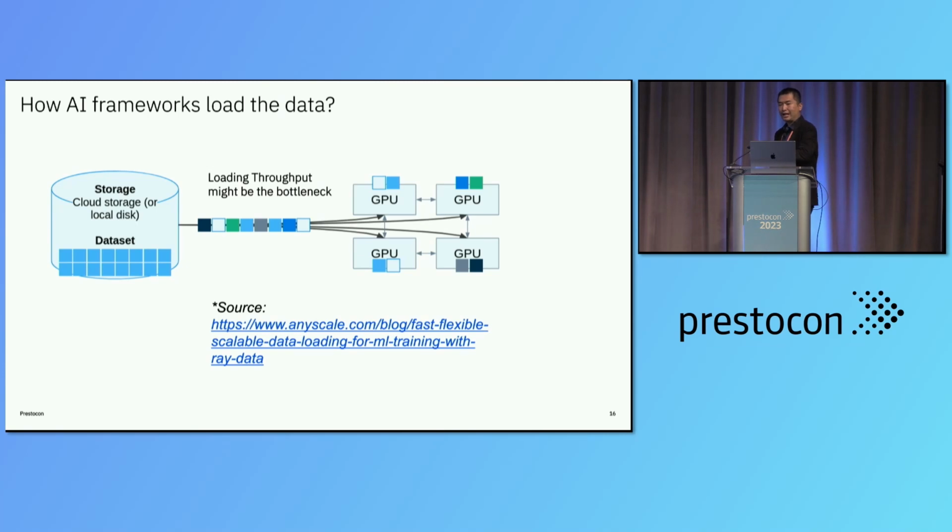Okay, then I will share a little bit about how AI pipelines consume the data. In the previous slide, we saw that we can have a data engine to generate the data to feed the training. But how does the training consume the data? Mostly, for large-scale machine learning model training, they may have multiple GPU nodes and a data set.